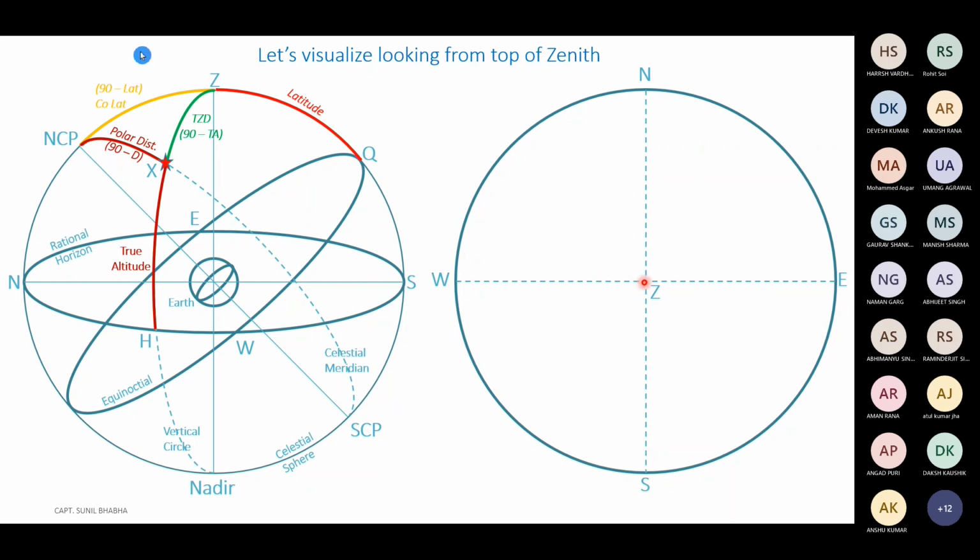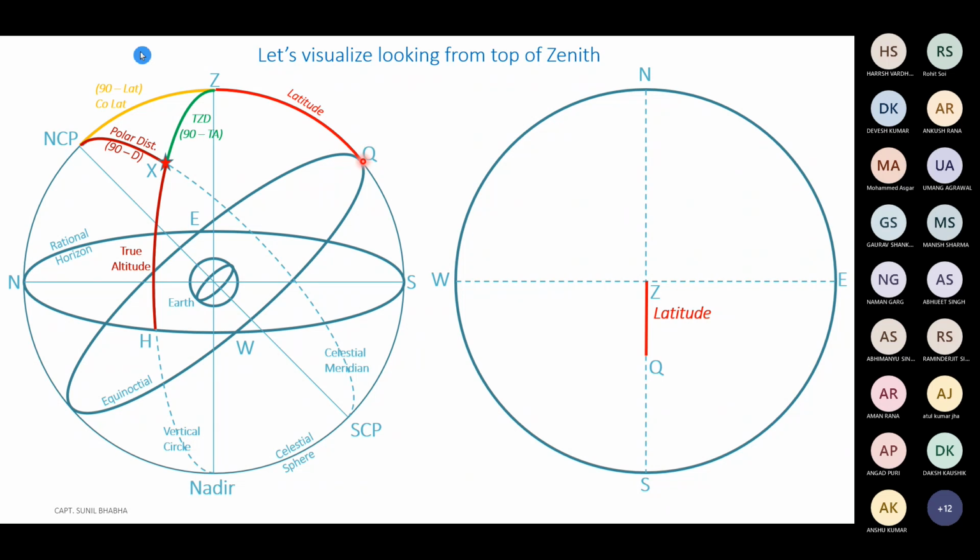So from the zenith, when you move towards the S point and you move a distance equal to the latitude, you reach up to the Q point here. We reached at Q point. So this Q point represents the Q point here in this diagram.